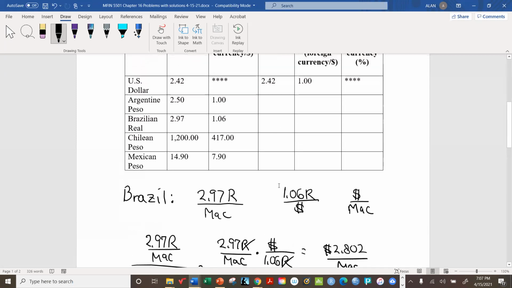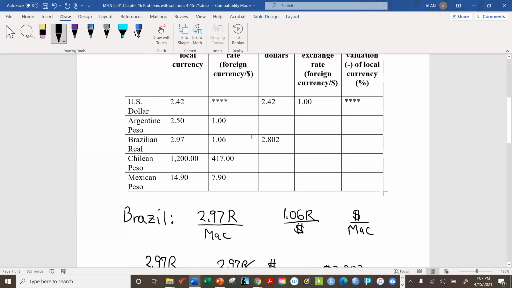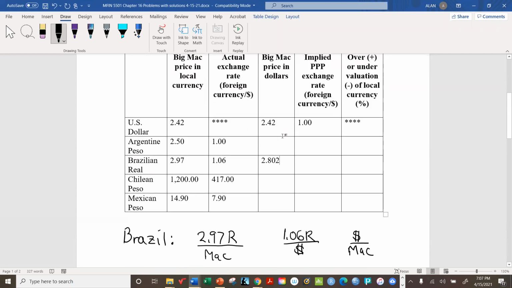So we come up here and we fill this in as 2.802. Dollars per Big Mac, but in Brazil.